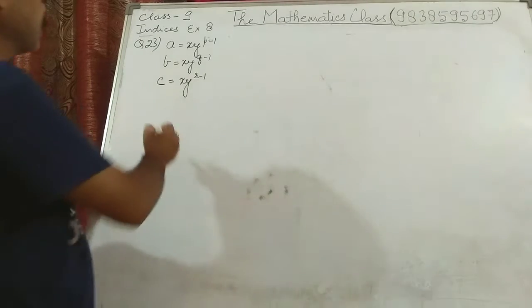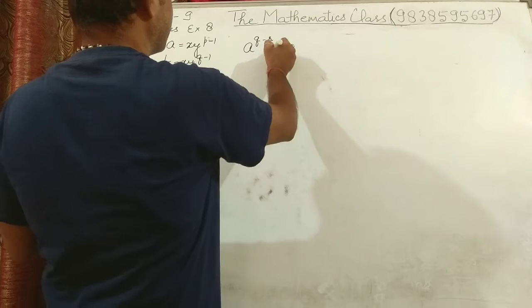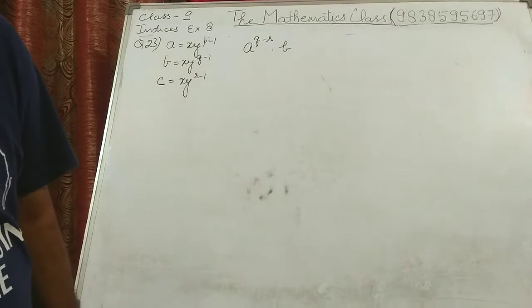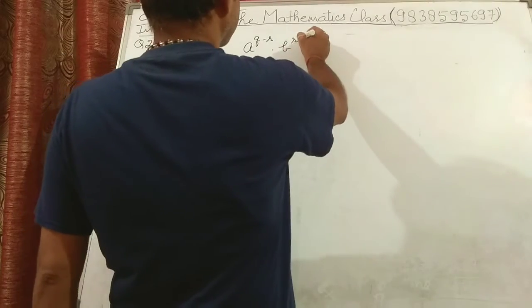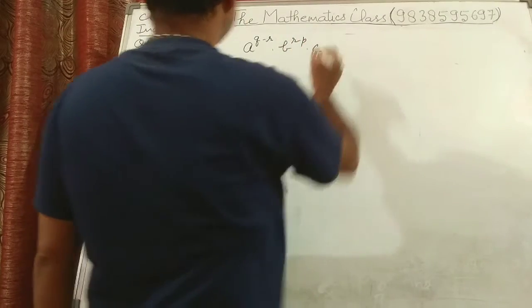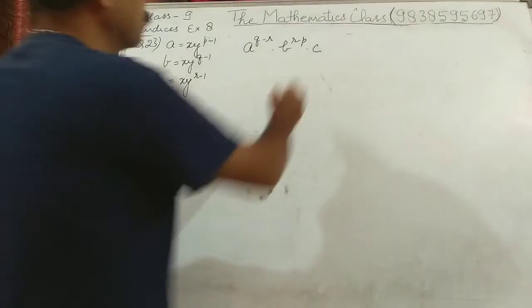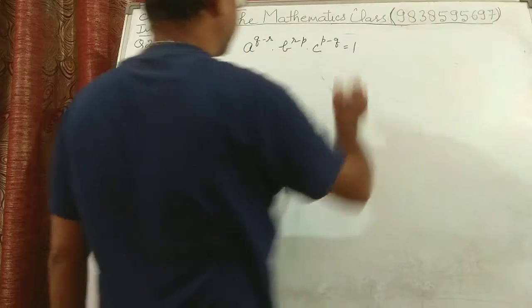Prove that A to the power Q minus R into B to the power R minus P into C to the power P minus Q is equal to 1.